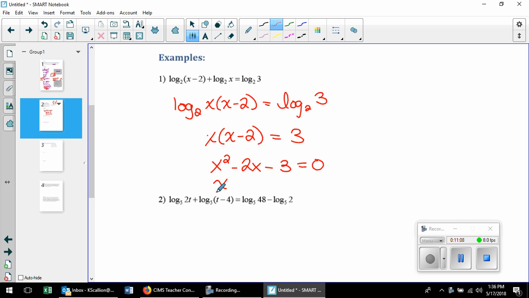So I'm going to have x equals a positive 3 and a negative 1. What am I going to do? I have to reject the negative 1 because if I go back up here and put negative 1 in there, it doesn't work. If I put negative 1 in here, it doesn't work. So this gets rejected.